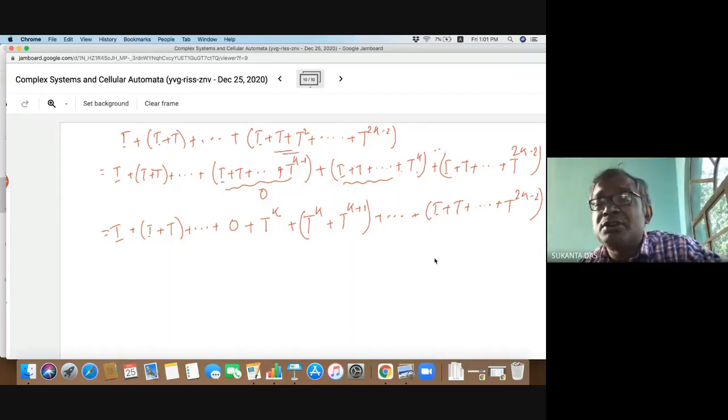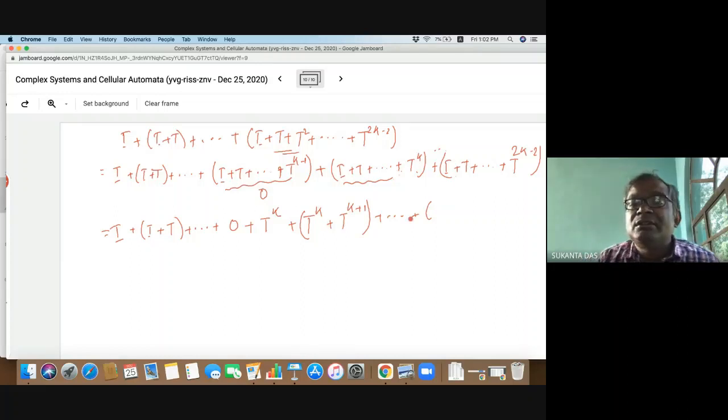Because I am replacing everything here, I should replace it here. So same thing, it will start from t to the power k, because the previous part will become 0, plus dot plus t to the power 2k minus 2. Now I'm done actually.